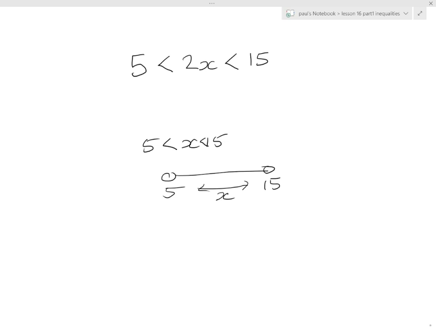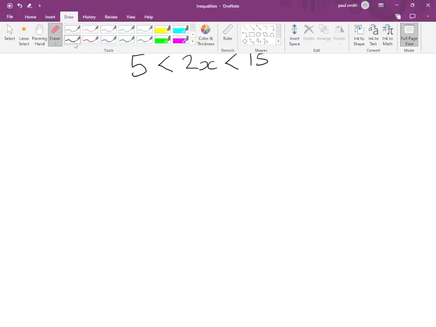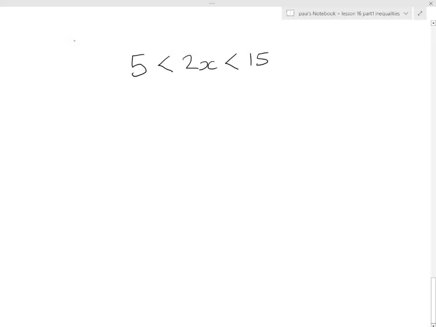That's okay because we've got a single x in there, but up here we've got 2x in the middle, so we need to employ some trickery to get that simplified. Now, because this is 2 times x, if we divide everything by 2, then we're going to get a single x in the middle.